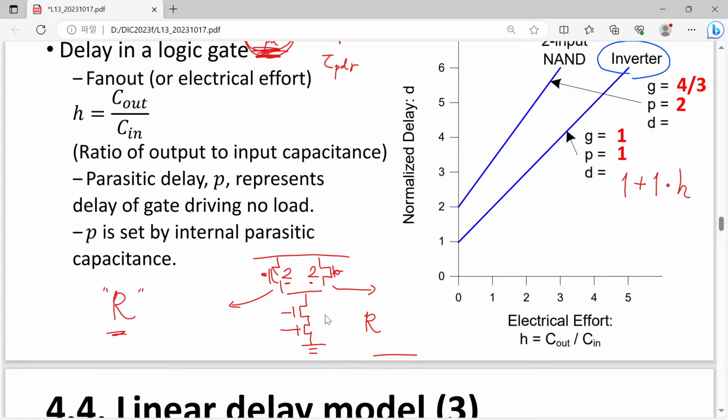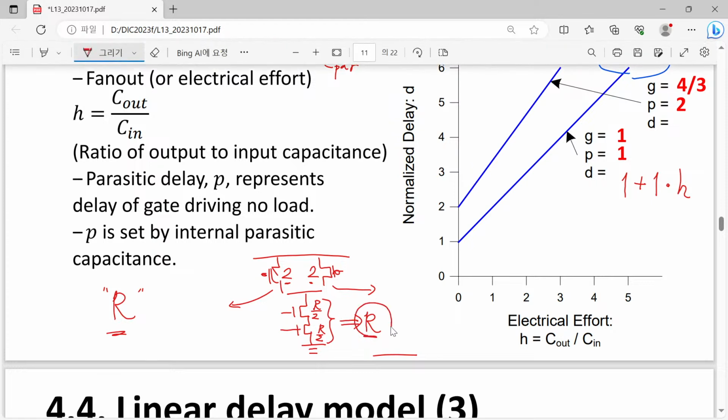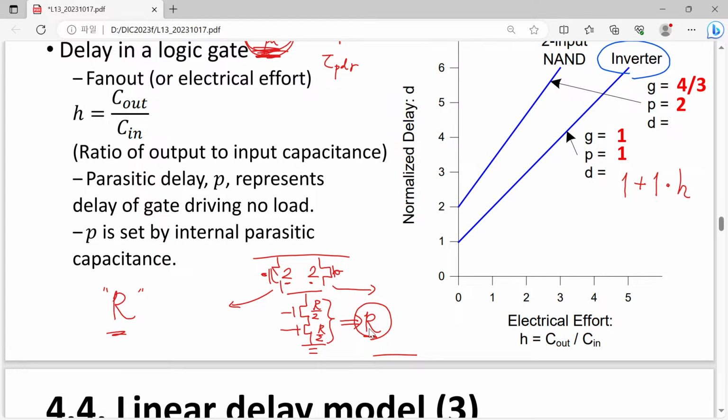Okay, so I mean that the overall resistance should be 2 times R. Yes. So in order to have the overall resistance of R for these two serially connected N MOSFETs, each of them should have half R and half R. In this case, the sum of these two in series gives us R. Okay, do you agree?